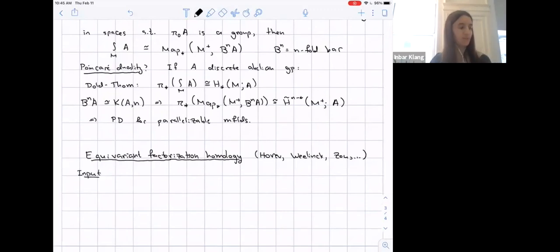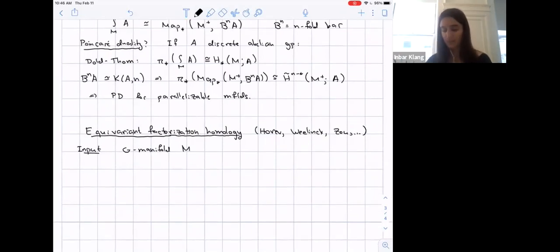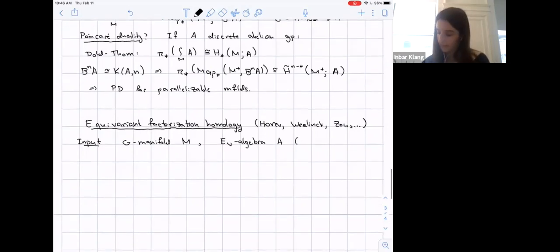So this has input a G-manifold M, so a manifold with a G action, and in parentheses, maybe we'll want to say that it's a V-framed G-manifold, and an EV algebra A. So this is going to be a G space or a G spectrum.